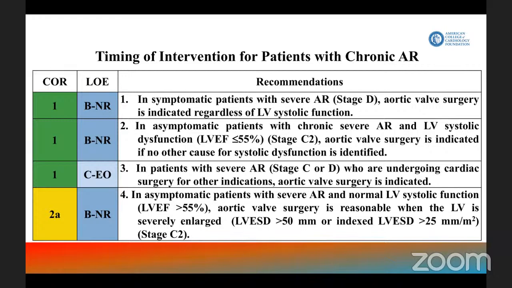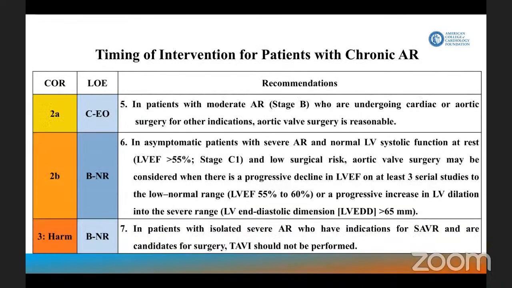For patients with severe AI, stage C or D, who are undergoing cardiac surgery for other indication, then aortic valve surgery is indicated as a class 1. For asymptomatic patients with severe AI and normal LV systolic function, defined as left ventricular ejection fraction of more than 55%, then aortic valve surgery is reasonable when the LV is severely enlarged, having a left ventricular end systolic dimension of more than 50 millimeter, or the index dimension of more than 25 millimeter per meter square, as a class 2A.